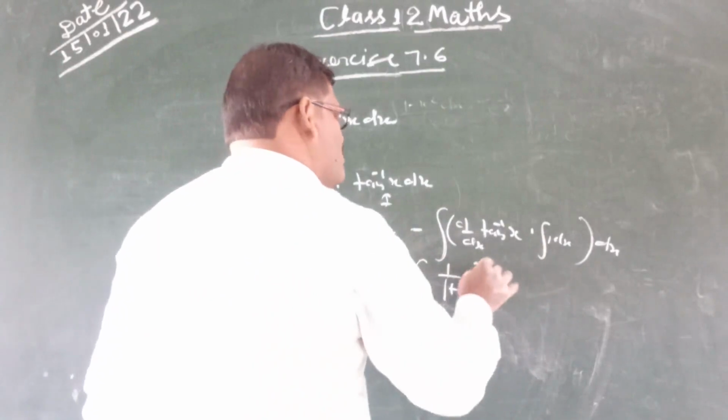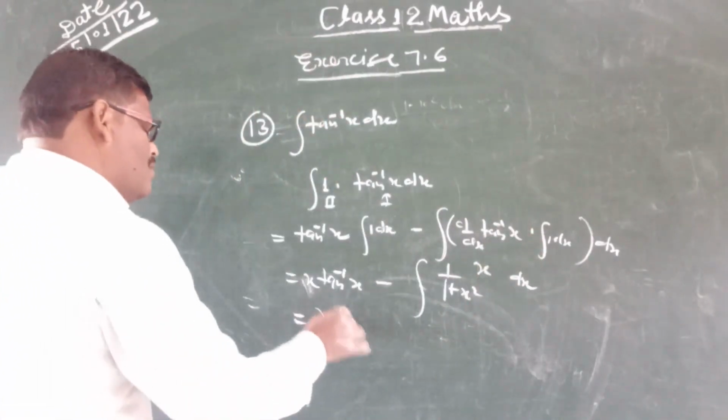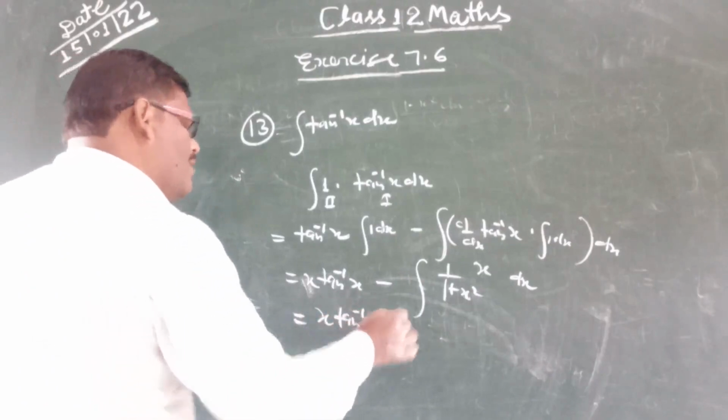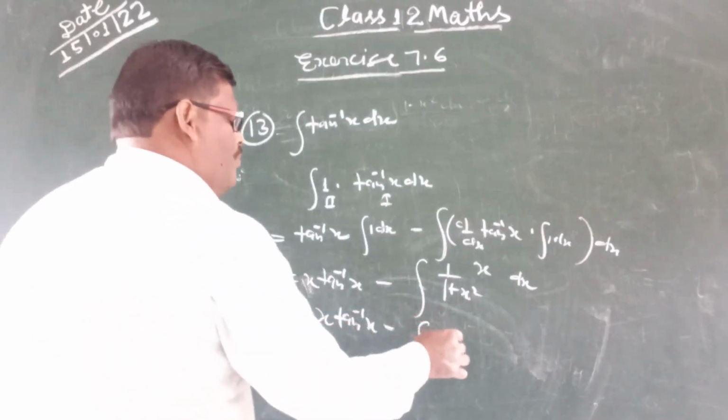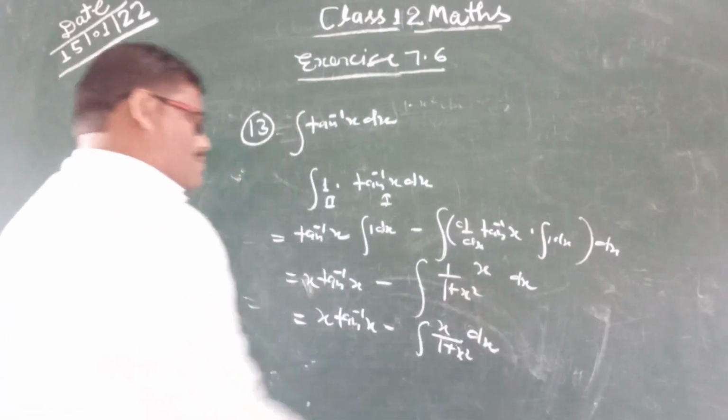Integration of 1 dx is x, which gives x tan inverse x minus integration of x upon 1 plus x square dx.